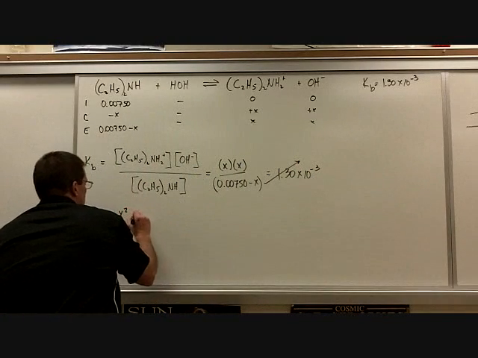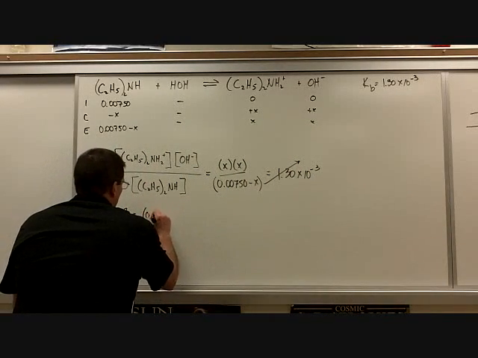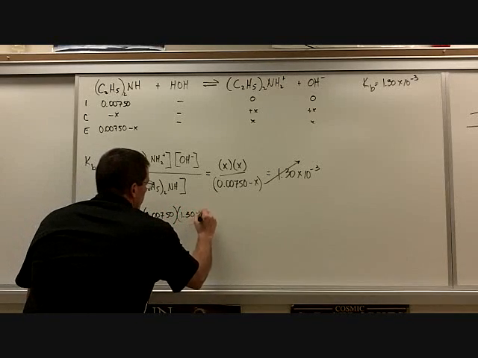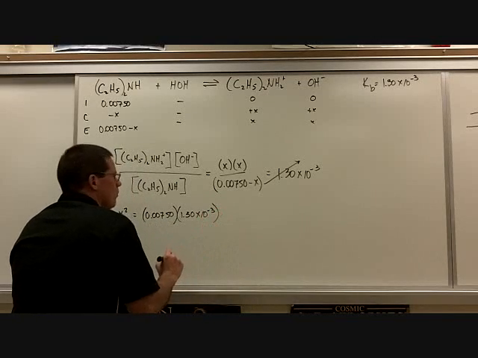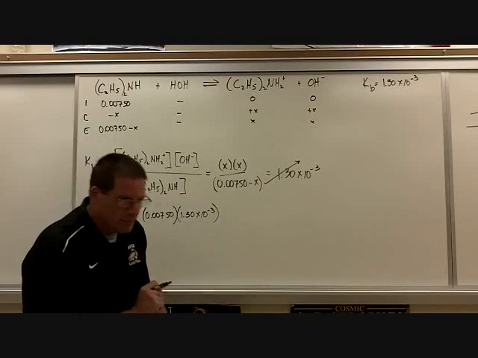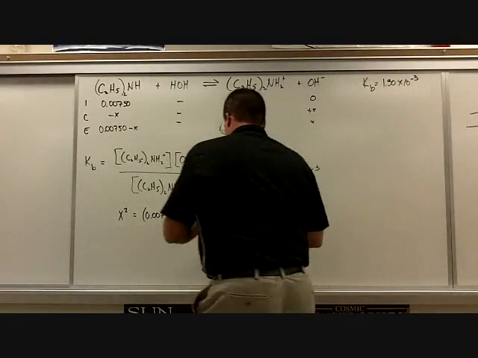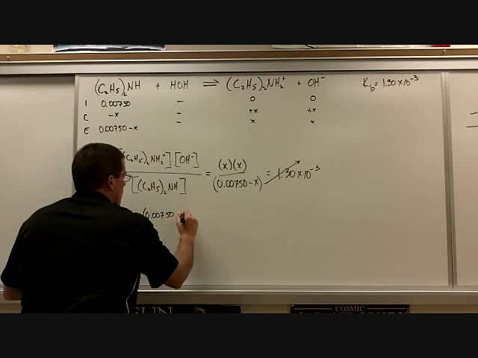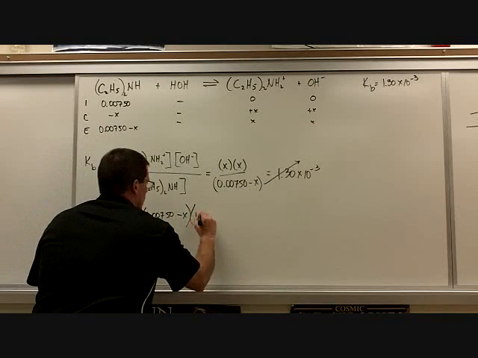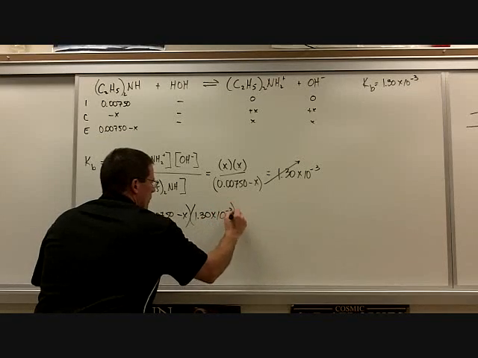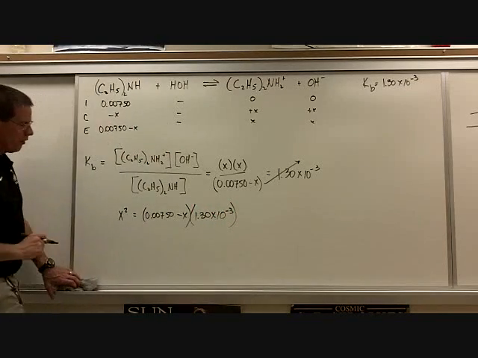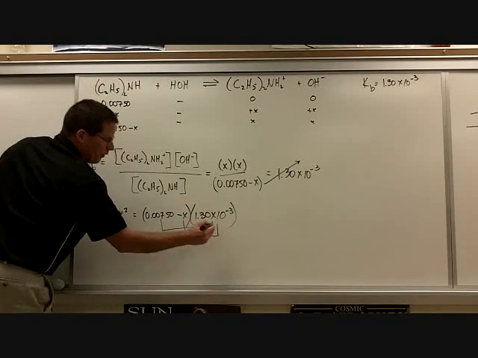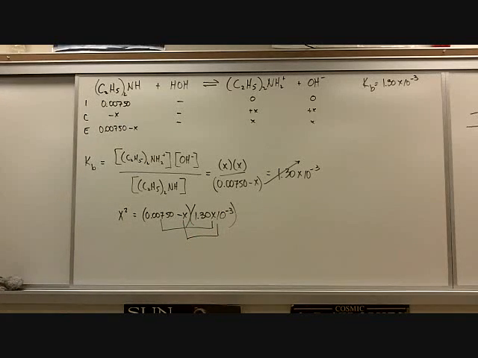We've got x squared is 0.00750 times 1.30, oh, I forgot, minus x, times 1.3 times 10 to the negative 3. So we still have to multiply these two together and these two together.